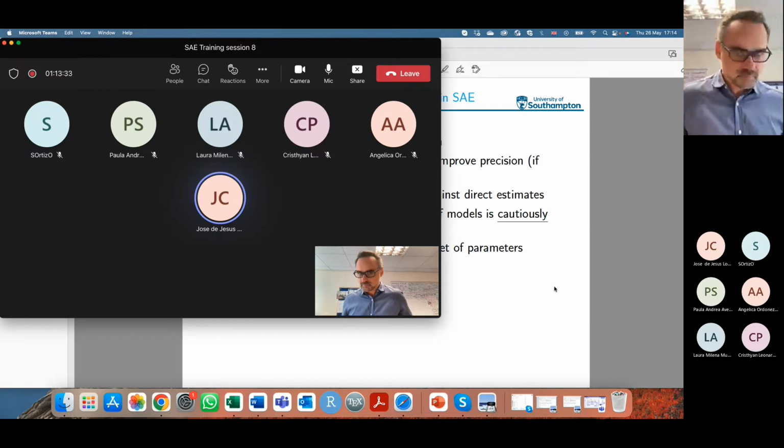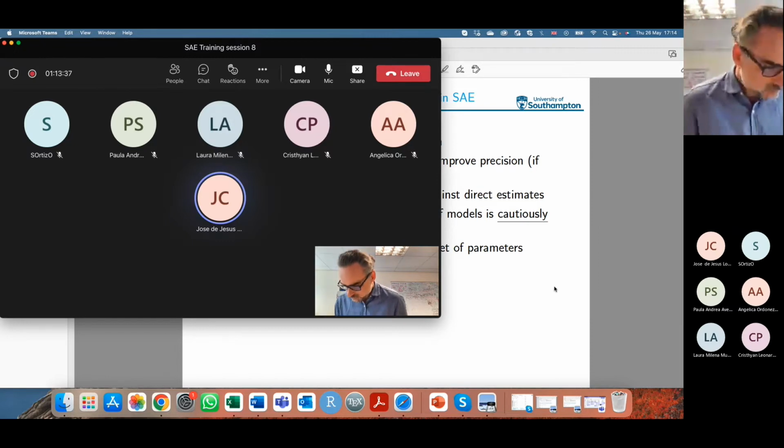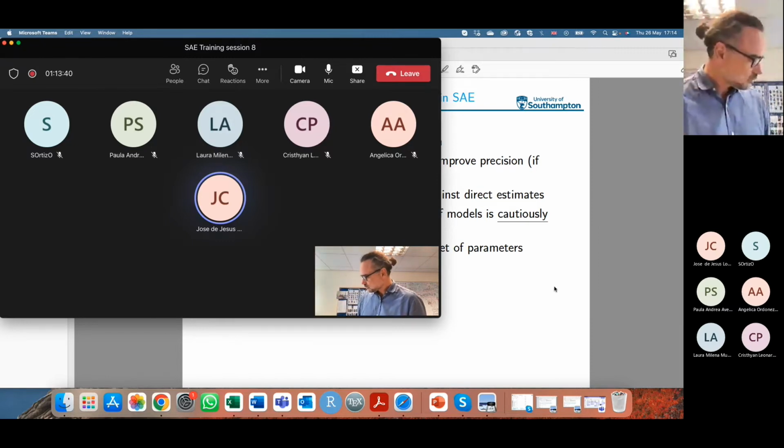You say how to assess and evaluate them, but in this process of design-based and model-based evaluation, we also see that there is another stage of assessment of performance. So it seems to me like design-based and model-based evaluation are like the overall framework to evaluate the complete set of estimators.